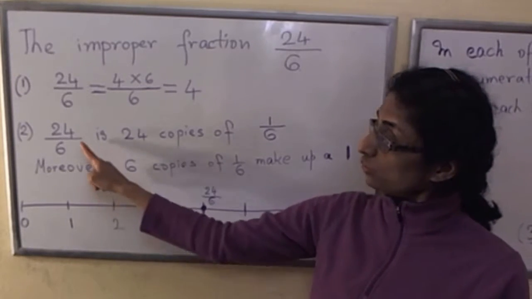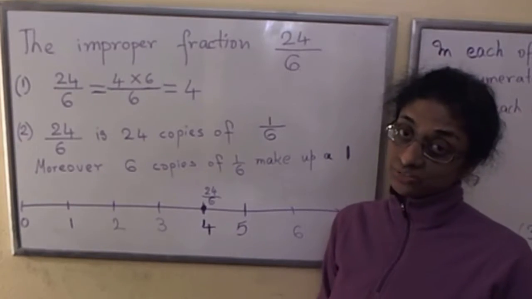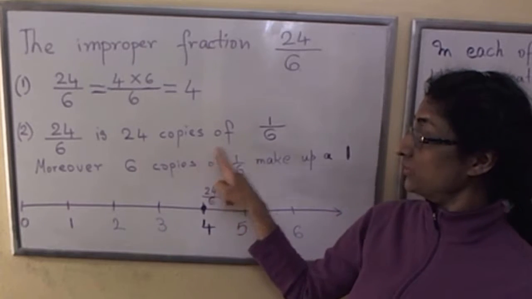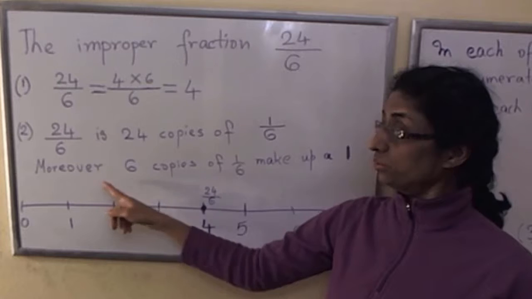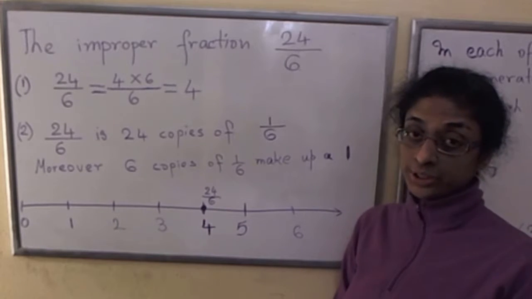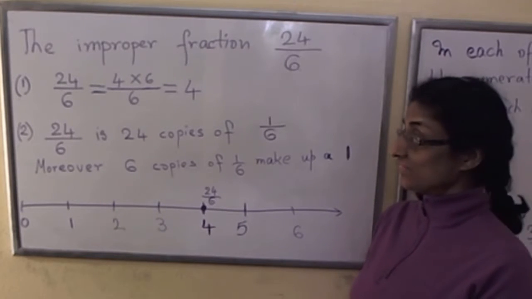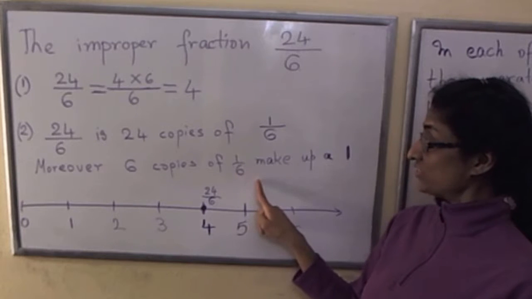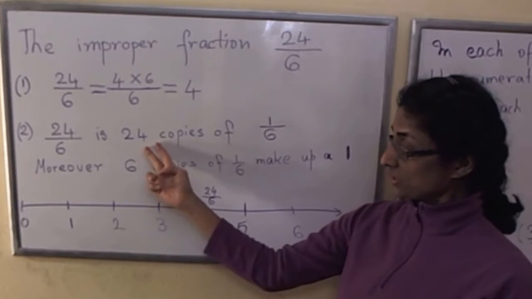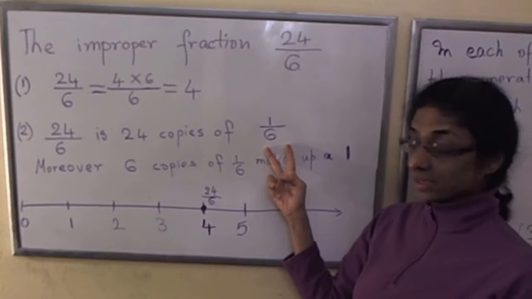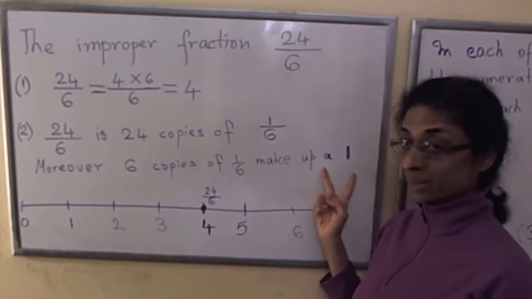You can look at 24 over 6 and think of it as 24 copies of the unit fraction 1/6. And early on we made an observation that 6 copies of 1/6 make up a 1. So you have 24 copies of this and every 6 copies make up a 1.